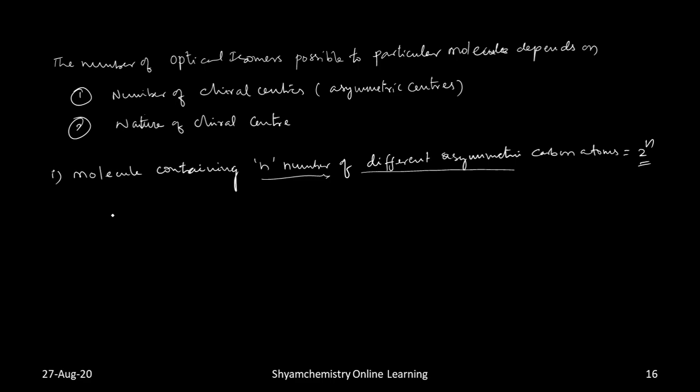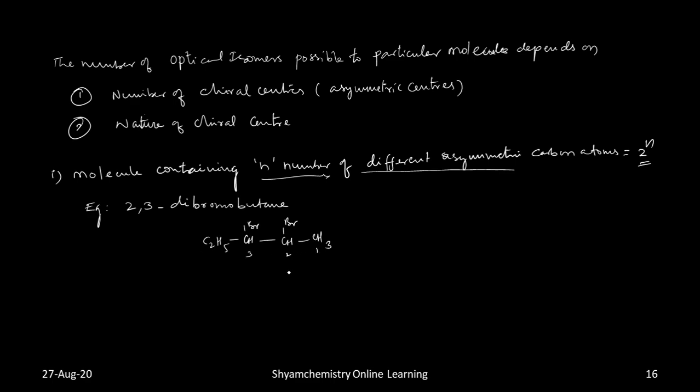Okay, let us take an example. 2,3-dibromobutane. CH3, CHBr, CHBr, C2H5.